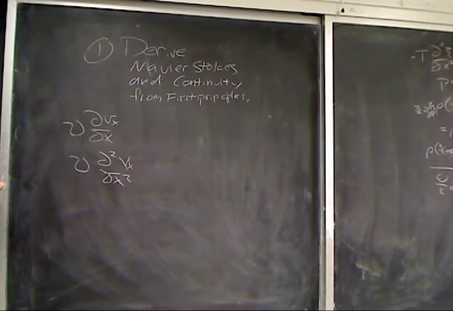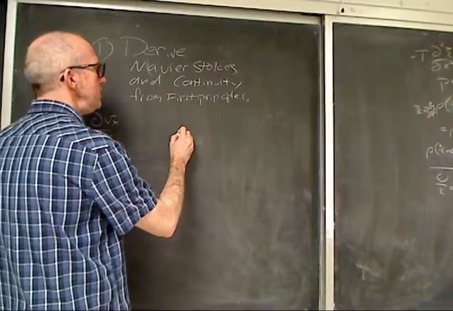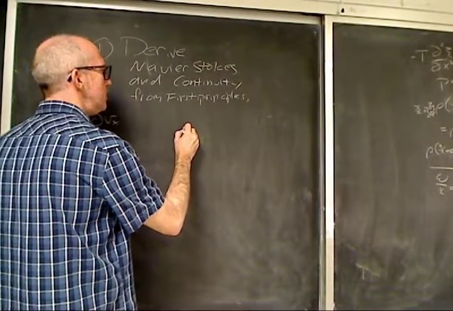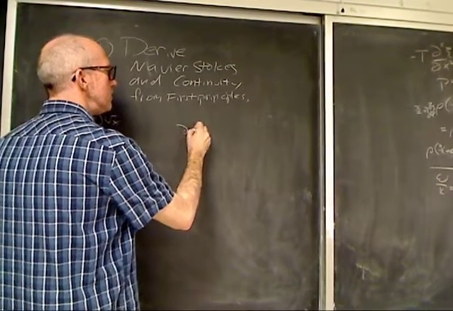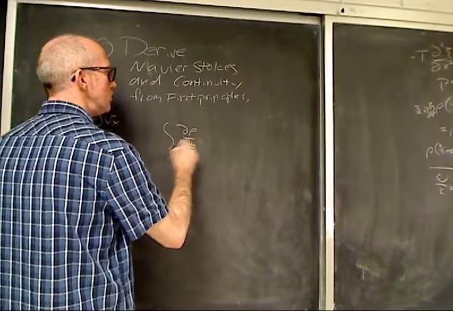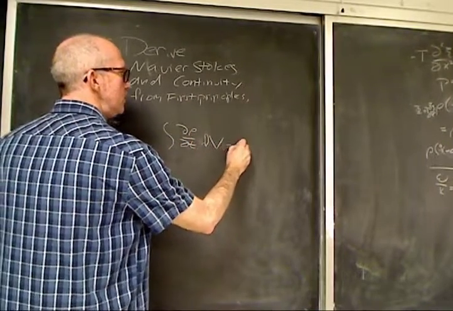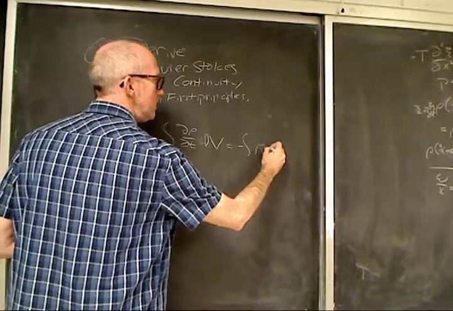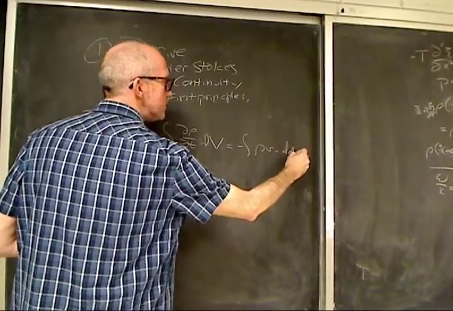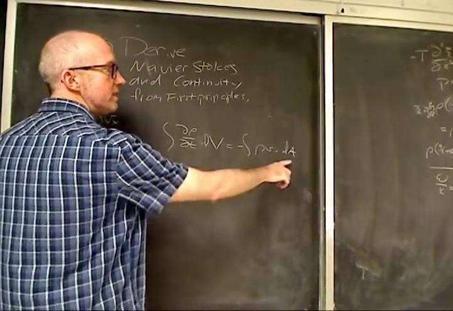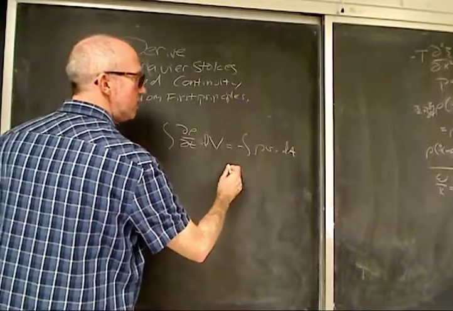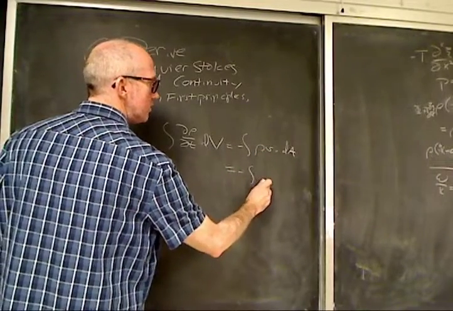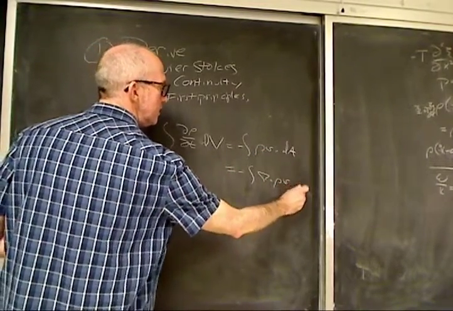Did you follow that? When I'm talking about continuity, I get something that looks like d rho/dt, the integral over volume, equals the integral of minus rho v on the surface. Because this is a surface integral, I turn it into a volume integral, equals minus the integral of div rho v dV.